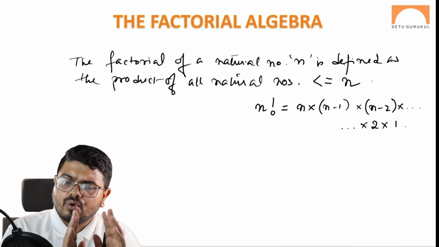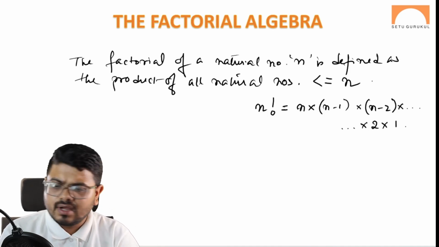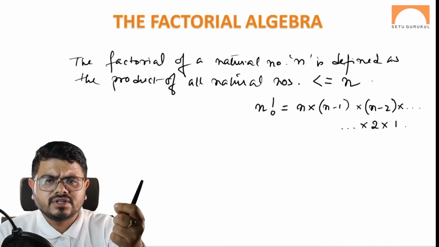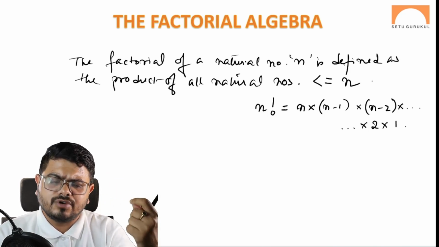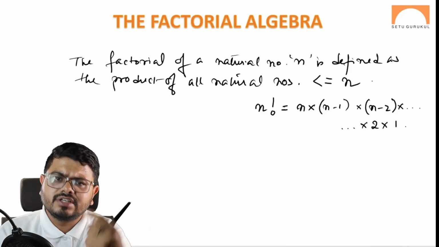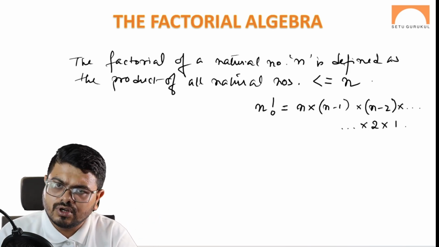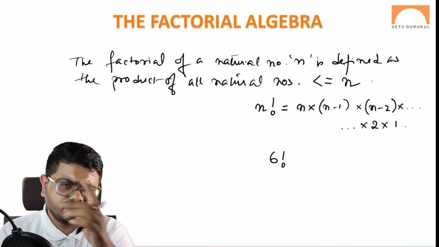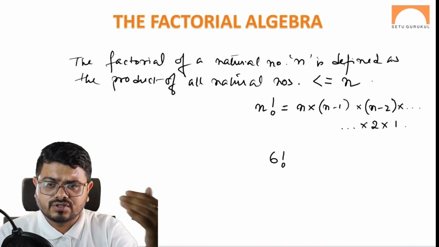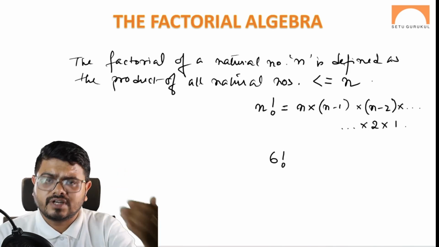I hope we are clear with factorial algebra. We understood the logic behind the development of this algebra. So let me give a very simple example. If there are 6 people in a room and you want to arrange them on 6 chairs in all possible arrangements, what would you do? You would simply do 6 factorial, right? The first person has 6 choices, the second has 5, and so on and so forth. Now we don't need to think so much about it. We can simply go for 6 factorial.